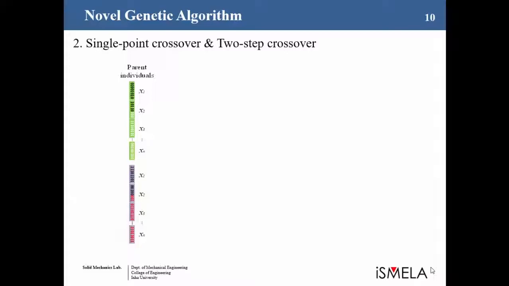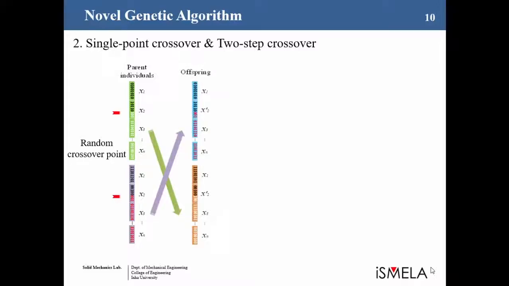And for many genetic algorithms, single point crossover is used. By using this kind of crossover, a random crossover point is generated, and then the substrings behind the cut point will be exchanged with each other and generate two new offspring.